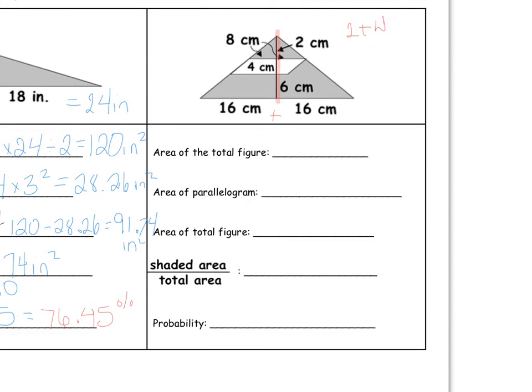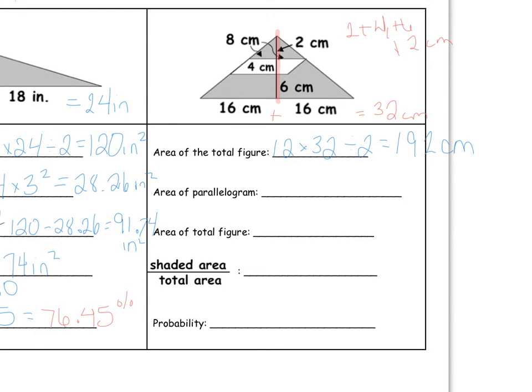So 2 plus 4 plus 6 gives us a height of 12 centimeters. And 16 plus 16 gives us a base of 32 centimeters. So the area of the total triangle is going to be 12 times 32 divided by 2, or times a half, giving you 192 centimeters.